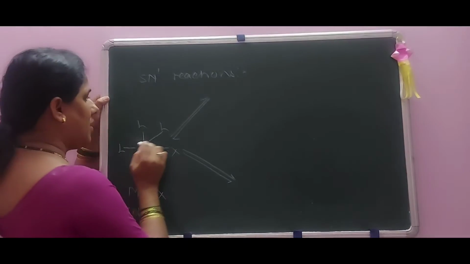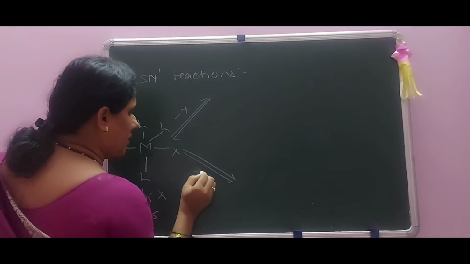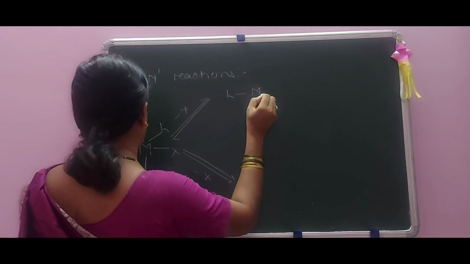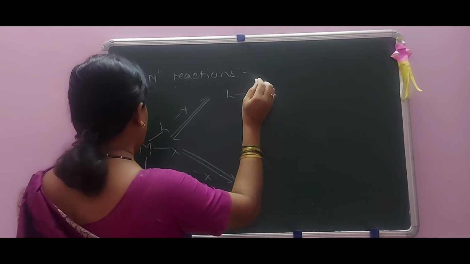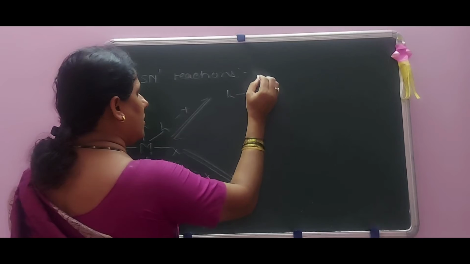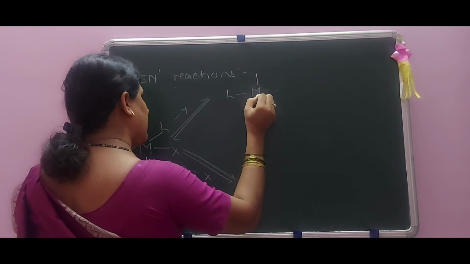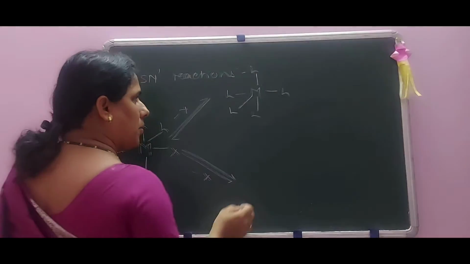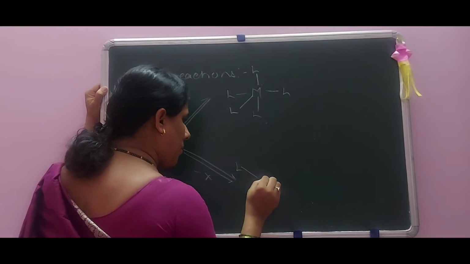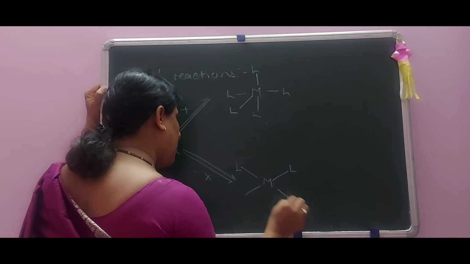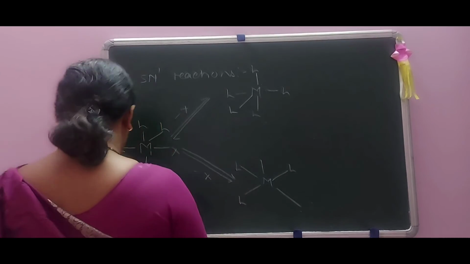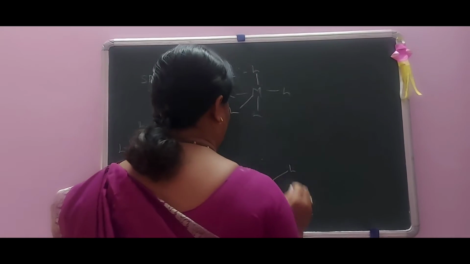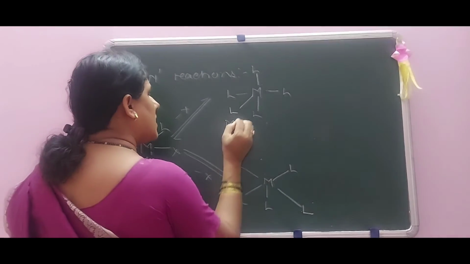The first path is minus X, and here also minus X. The remaining one is ML5.